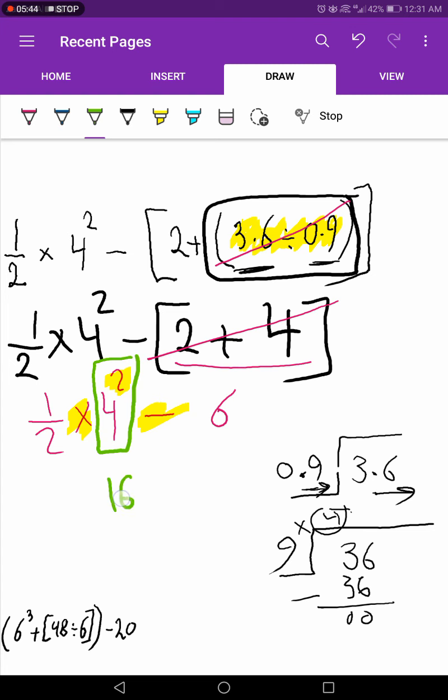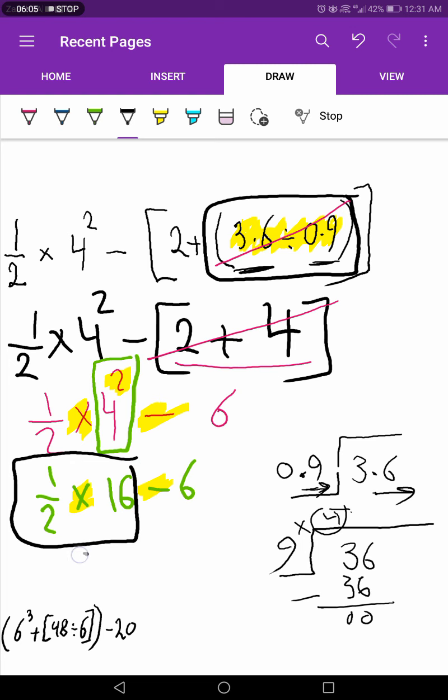Equal 16, and the rest as it is. And you know that multiply comes before subtract. So now half multiplied by 16 equals 8, minus 6 coming down, which equals 2.